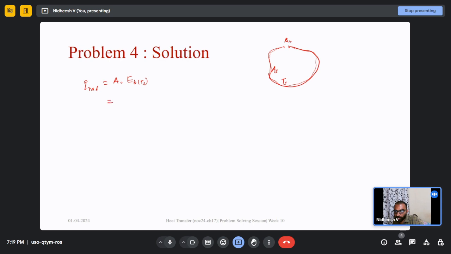So that can be written as A naught into emissive power of a black body, Stefan Boltzmann constant into Ts power 4. Is that clear? Once we identify that this can be considered as a black body, then the problem turns out to be very simple.